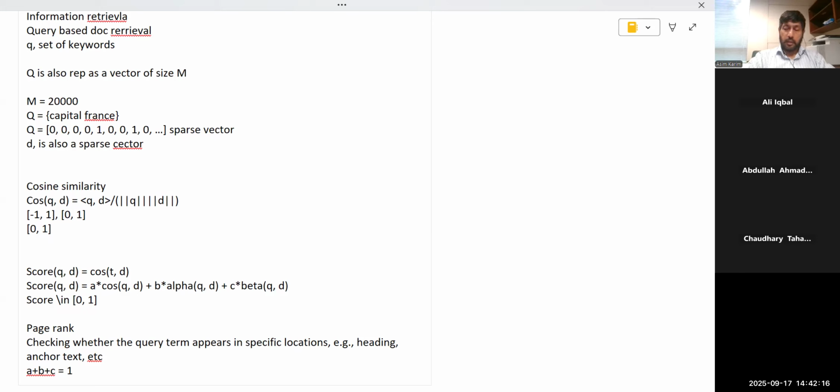So is France the heading of the document that we are trying to retrieve? If it is the heading, then it has a greater importance. You will give a higher score. So that might be another function that you can use. And there could be numerous such other functions as well.